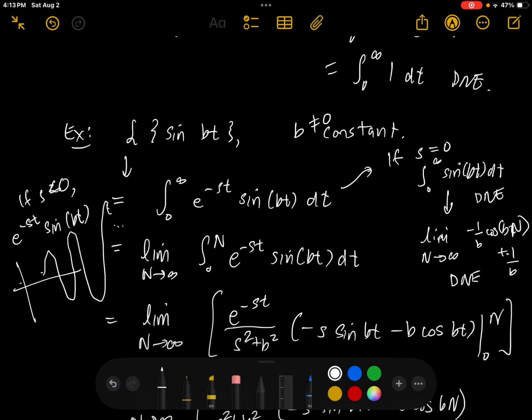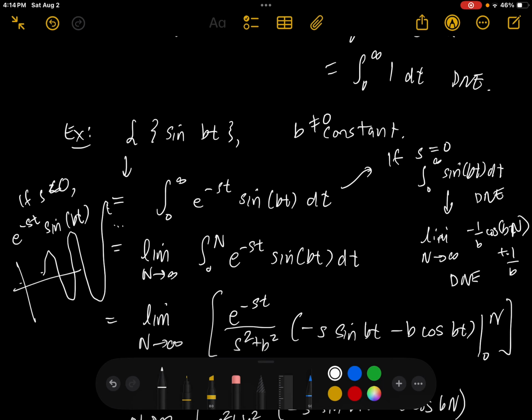Because for the improper integral to exist, the area has to be approaching a certain number, right? That limit is going to be the integral.